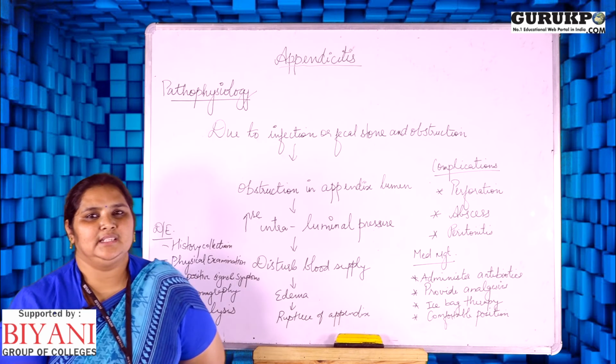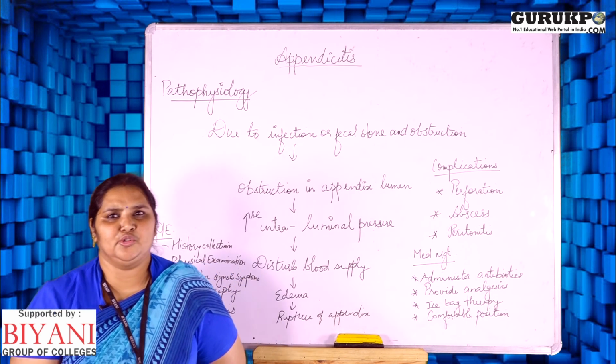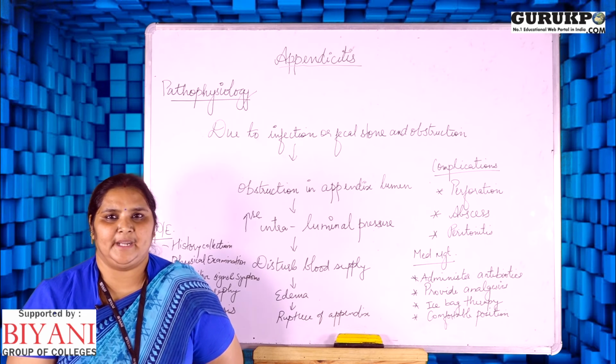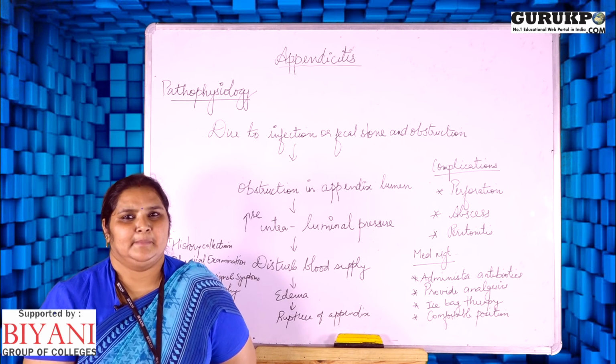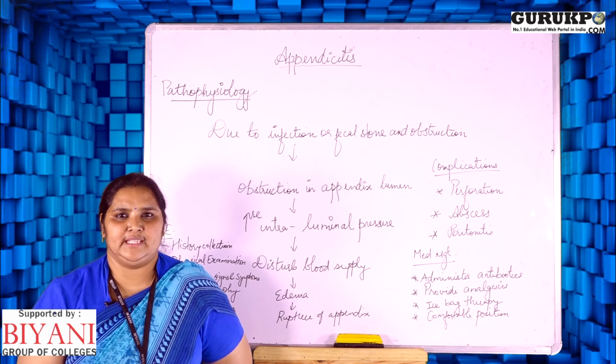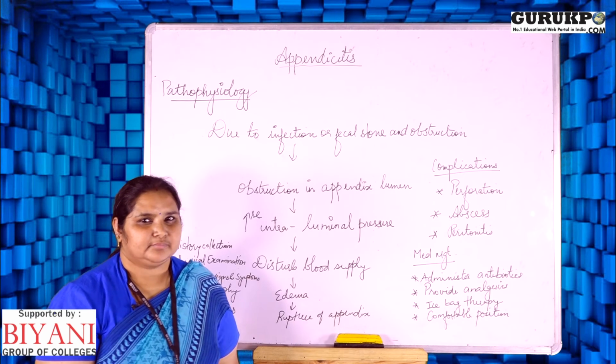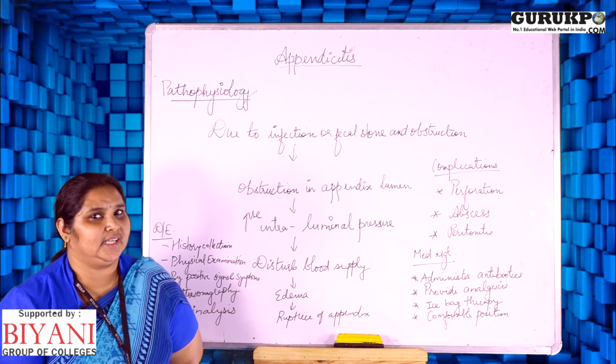Next, we move on to the nursing management. Nursing management includes pre-operative care, intraoperative care, and post-operative care. In pre-operative care, firstly we have to prepare the patient for the procedure.